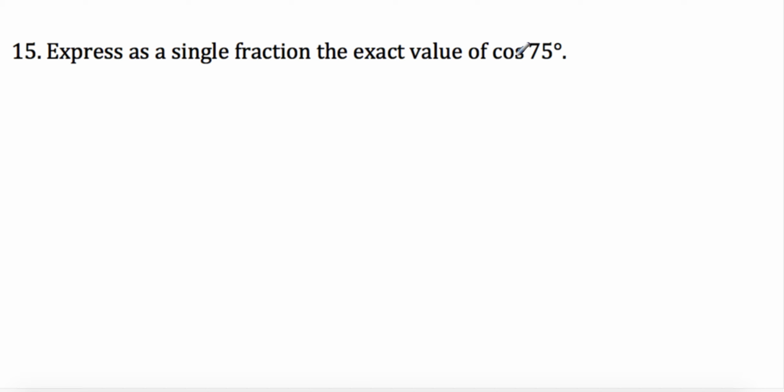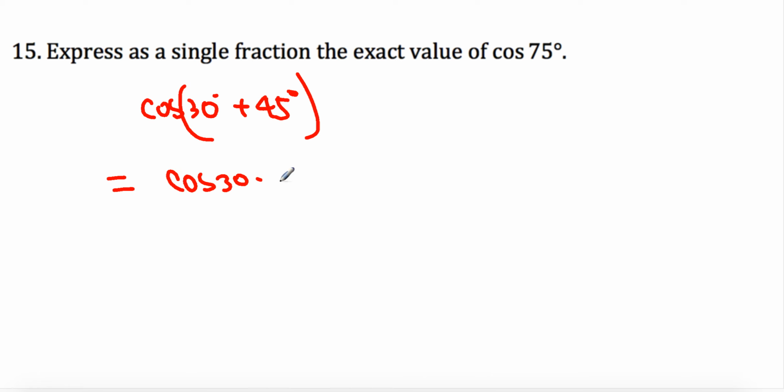Number 15. What is the exact value of cosine of 75? We can rewrite it as cosine of 30 degrees plus 45 degrees. Then that's equal to cosine of 30 times cosine of 45, and minus sine of 30 and sine of 45.